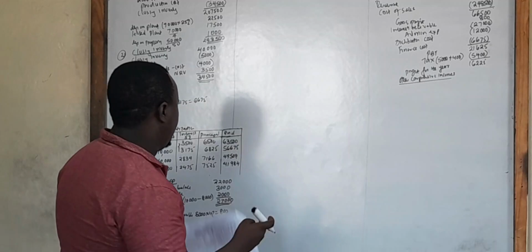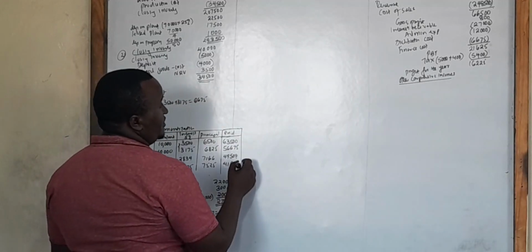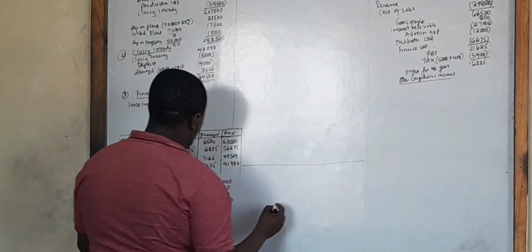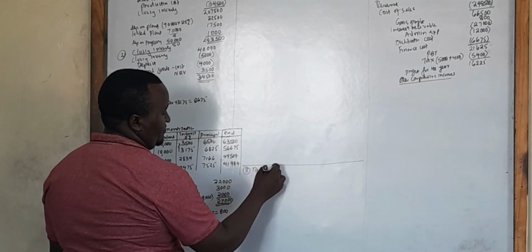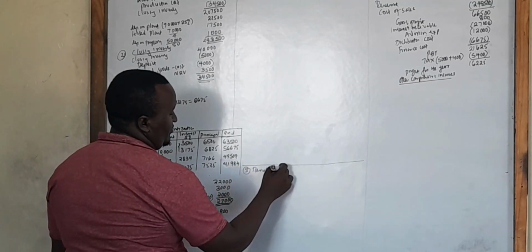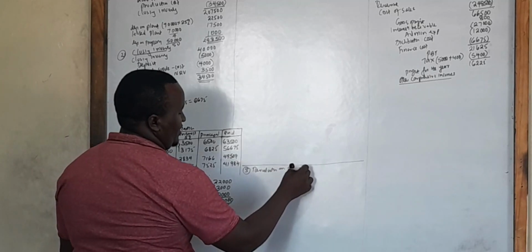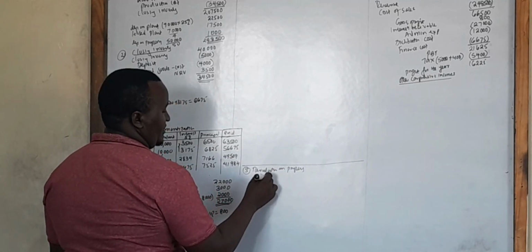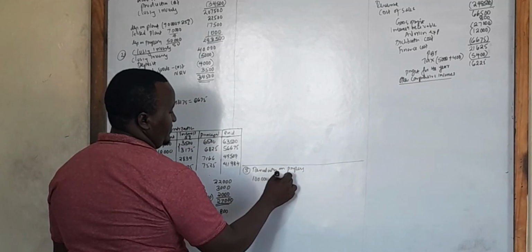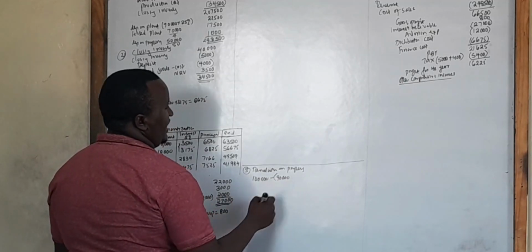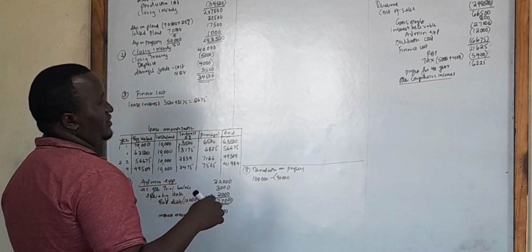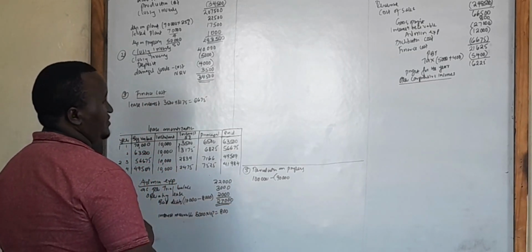Okay, so in this case, our evaluation, number 5, our evaluation on property. It was a value now at 100. Initially it was 90, and it has depreciated. So there is something we shall change.